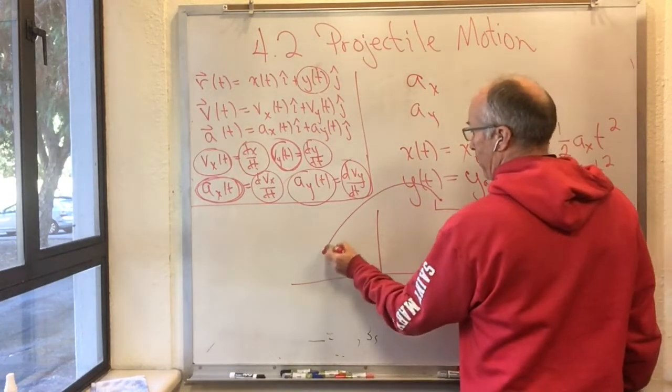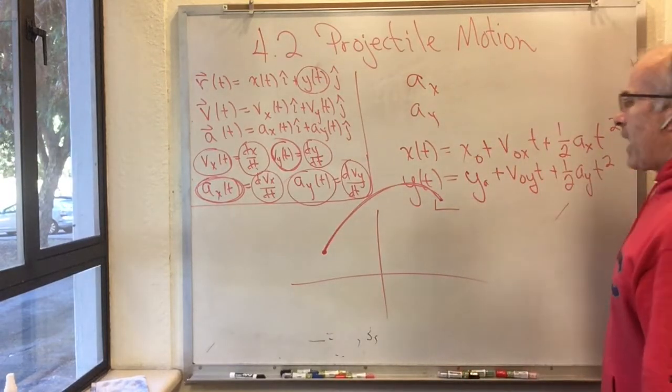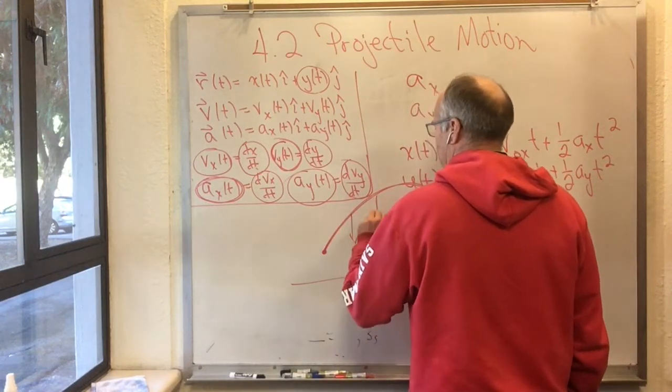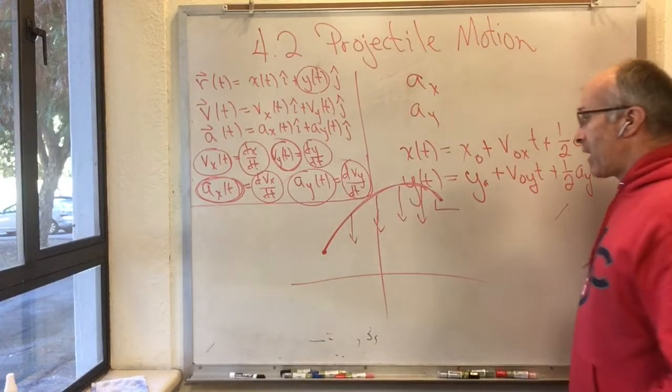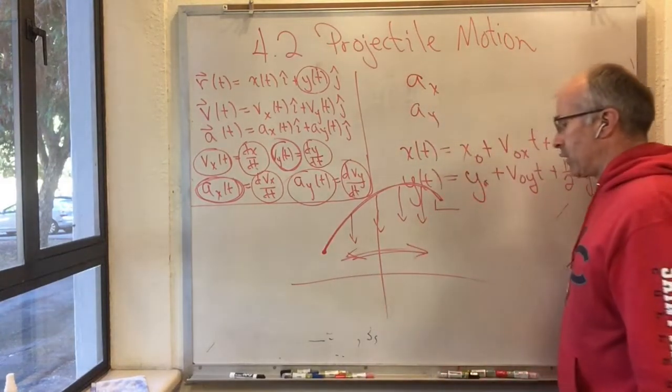This is an example of projectile motion. And the thing is, gravity is creating a downward acceleration everywhere along this path, and it is creating no horizontal acceleration.